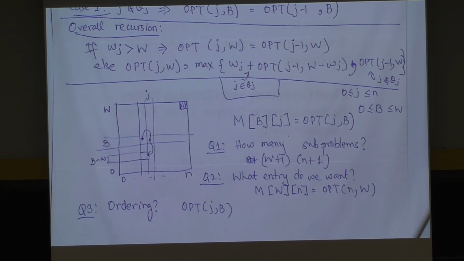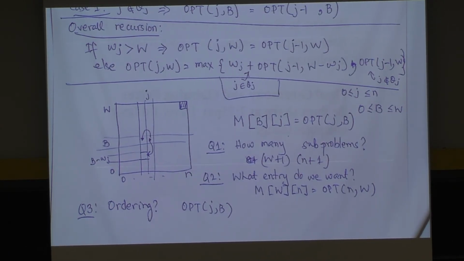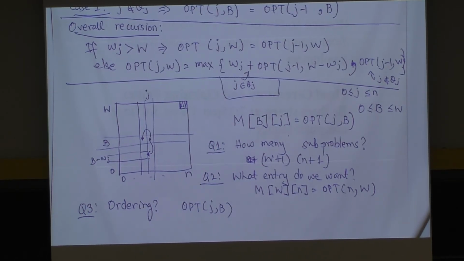It's either the very previous guy in the previous column in the same row, or there's another guy in the previous column but with a smaller budget. And this is the only dependence. So that's all you need to know. So given this, do you see a way of iterating it so that you always have the values that you need ready the moment you need them?